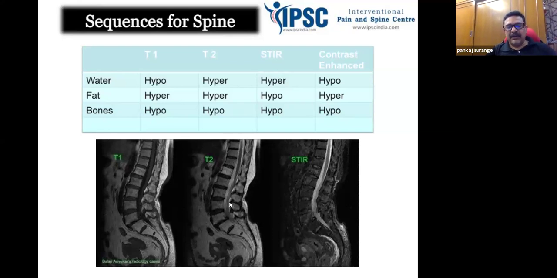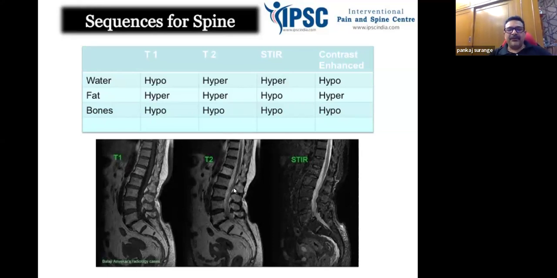Now, if you go anterior to the ligamentum flavum, again we see a white structure on both T1 and T2, which is your epidural space. Why is it white on T1 and T2? Because the epidural space has fat globules, fat content is there. That's why it will look white on both T1 and T2.